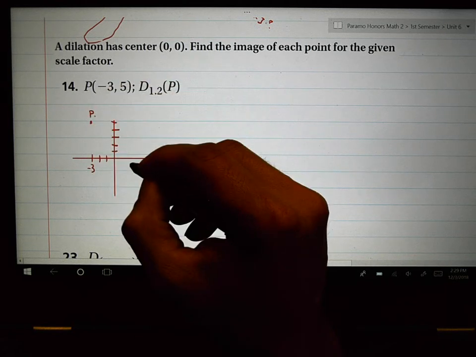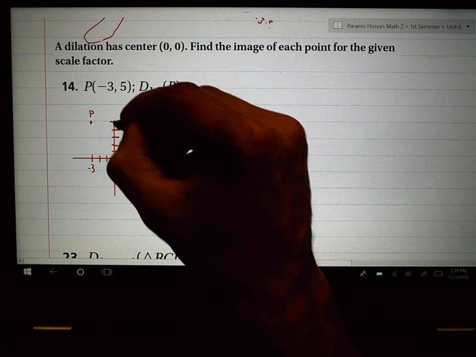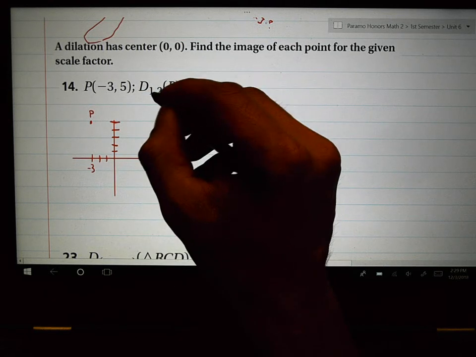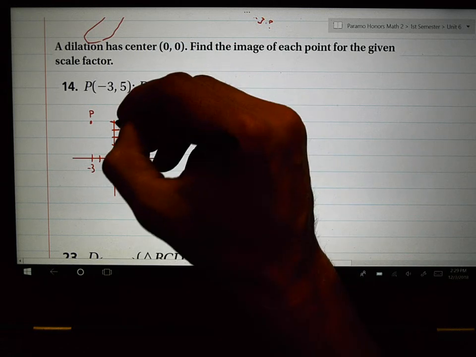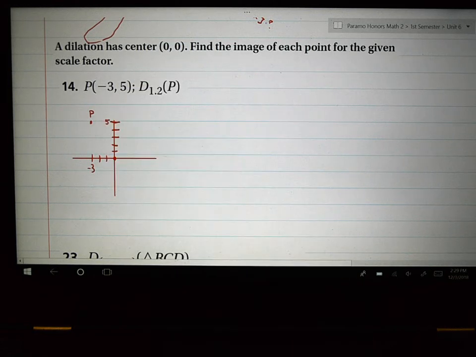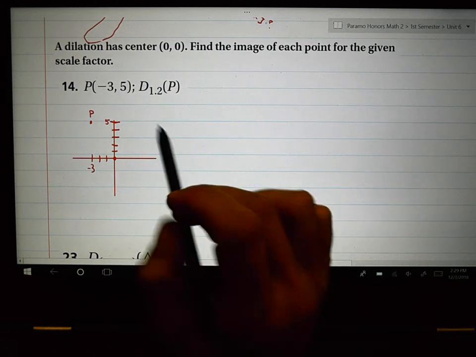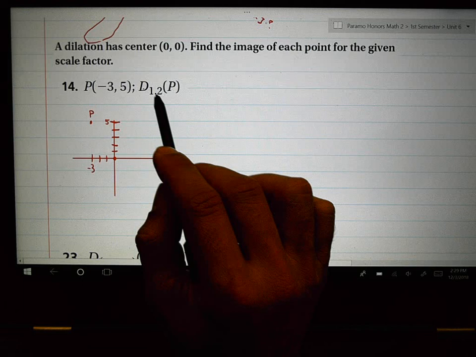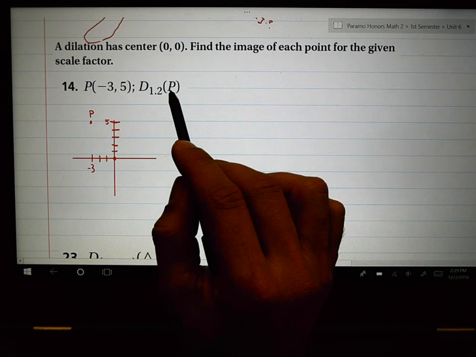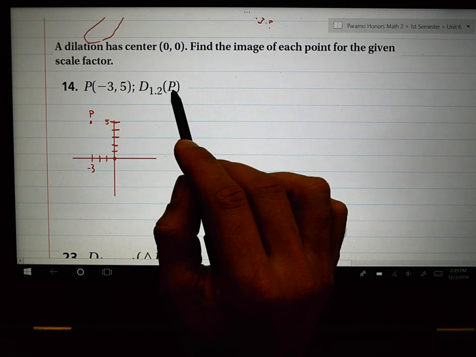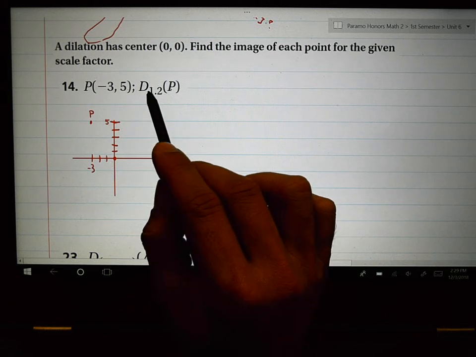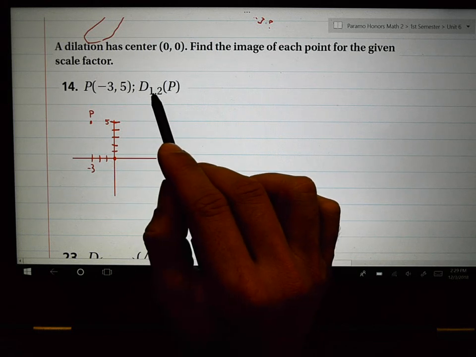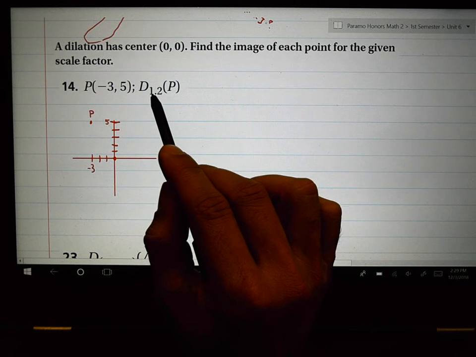And then what I'm going to do is I'm going to have the center at 0, 0. Forgot to label this as 5 because it is. And that's where point P is, and we need to do this capital D with a 1.2 of point P. That's what the parentheses P means. We're going to need to dilate point P by 1.2 times, meaning it's got to be 1.2 times bigger.